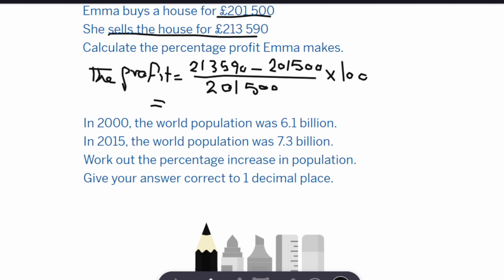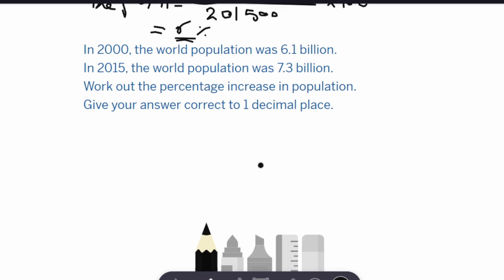So if we do this, we will get 213,590 minus 201,500 divided by the original amount, 201,500, times 100 for sure. That gives you 6%, and that's the profit she made. That's very good.